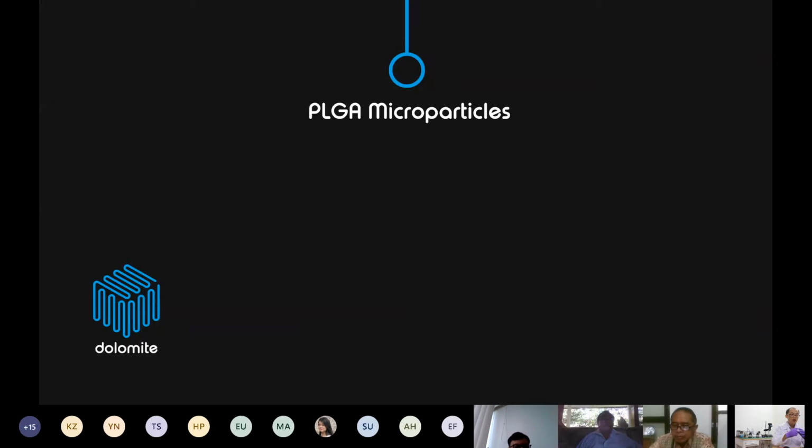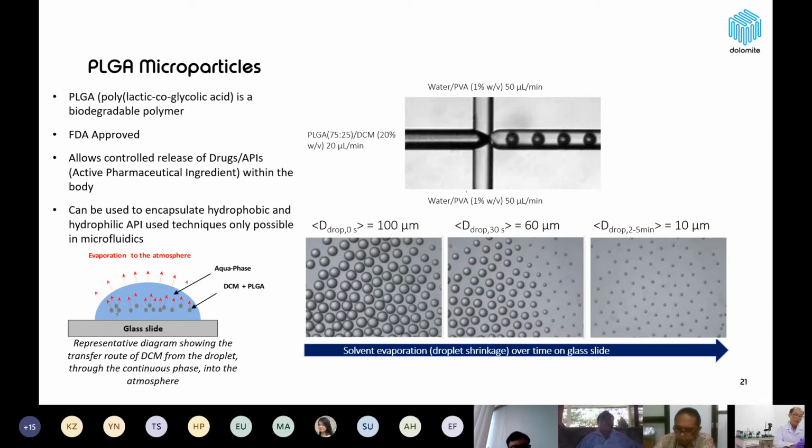I would like to talk about the first application, PLGA microparticles. PLGA is poly(lactic-co-glycolic acid). It's a biodegradable polymer, and it is FDA approved, so it allows controlled release of a drug or API, active pharmaceutical ingredient, within the body.